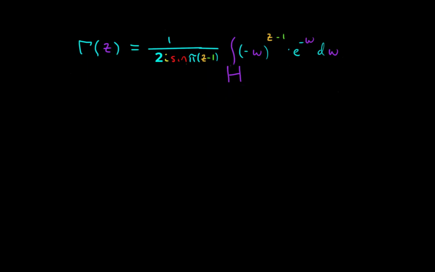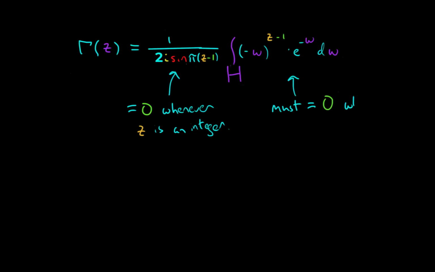Now, just upon visual inspection of this formula for gamma of z, we can draw a few quick conclusions. Notice that we'll have a 0 in the denominator for 2i sine pi times z minus 1 whenever z is an integer. But we know that gamma of z equals z minus 1 factorial whenever z is a positive integer.